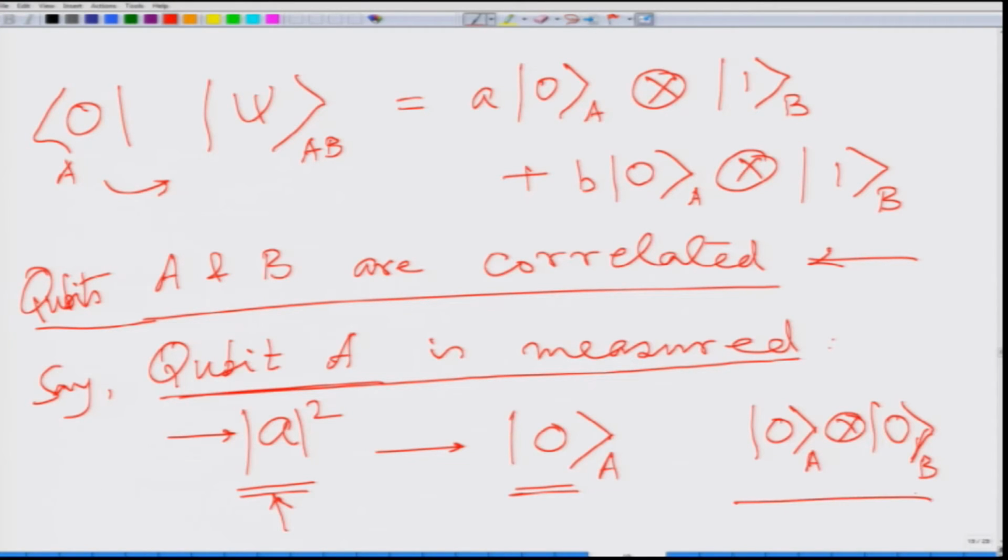When we apply this, we end up producing this particular state which is left over, and whatever measurement we make because of A is the probability associated with A, small a. That is my contribution from the A state.